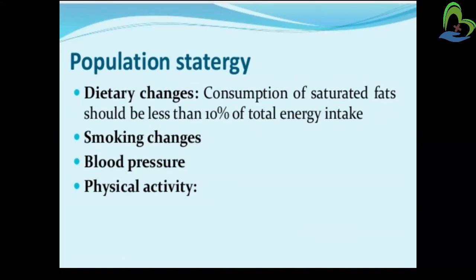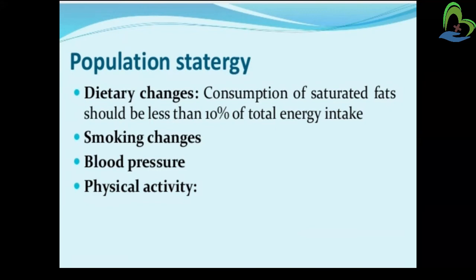First is the population strategy. In that, dietary changes. How can we educate them, what advice should we give them? We advise them regarding dietary changes, then smoking changes. Then we also advise them about blood pressure. What are the signs and symptoms when blood pressure is increased, and what are the signs and symptoms when blood pressure decreases? We can educate the people regarding this.